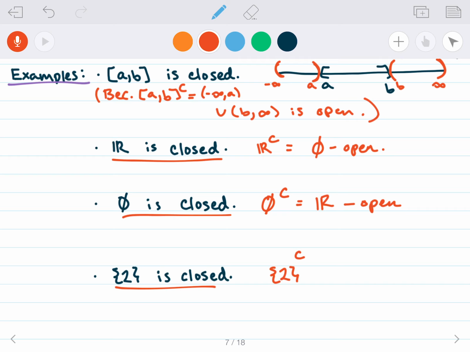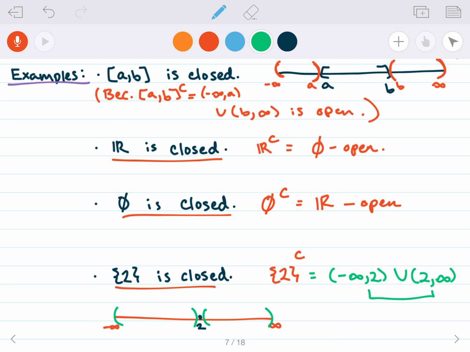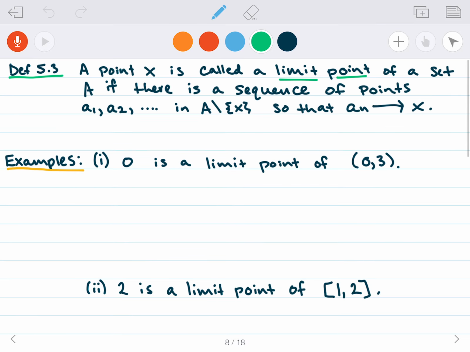If we look at the complement of 2, everything except 2 in the real numbers, we're going to be considering negative infinity to 2, not including, union with 2 to infinity, and we know that these are both open. The union of open sets is open. Okay, let's see. Moving on.